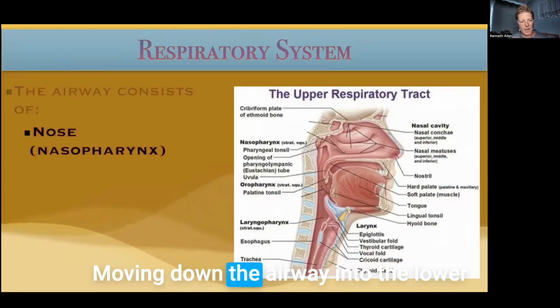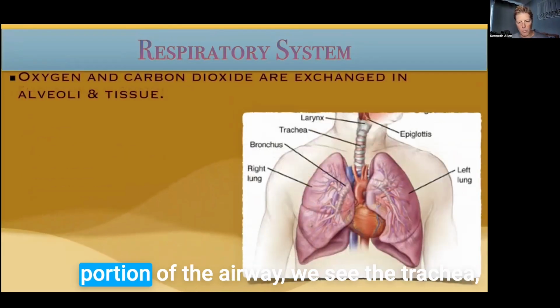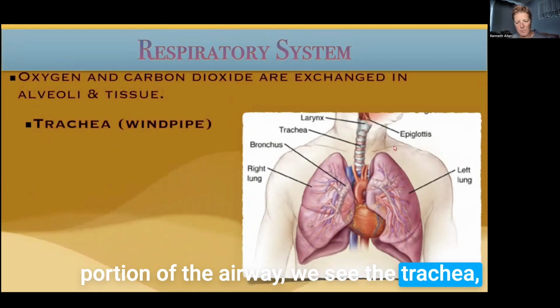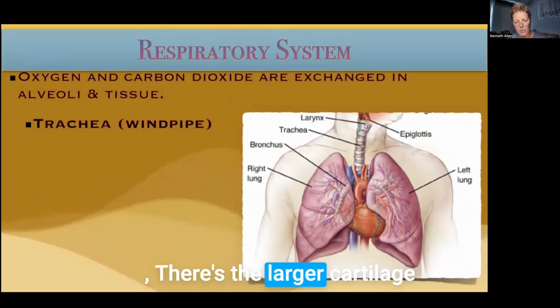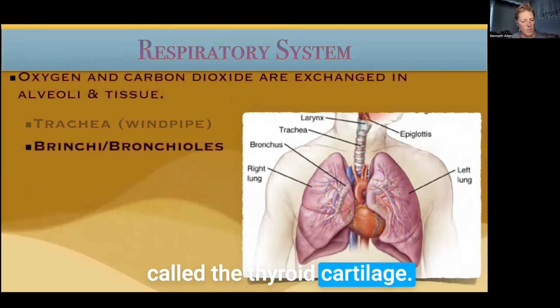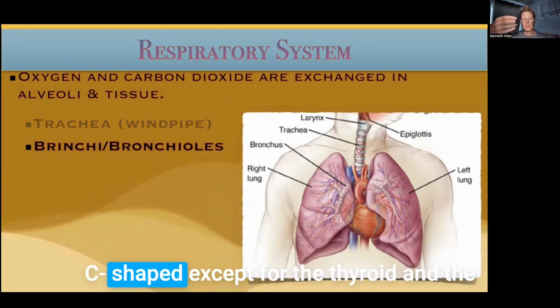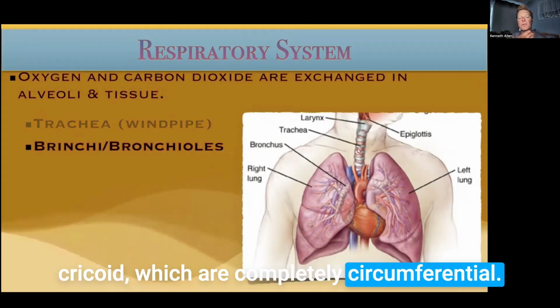Moving down the airway into the lower portion of the airway, we see the trachea, which some people call the windpipe. There's the larger cartilage called the thyroid cartilage, that all of these little pieces are kind of C-shaped, except for the thyroid and the cricoid, which are completely circumferential.